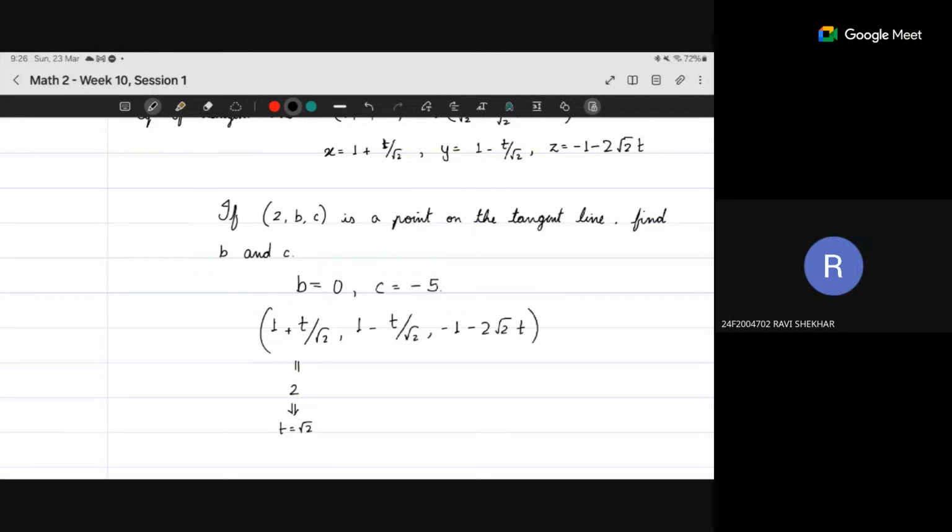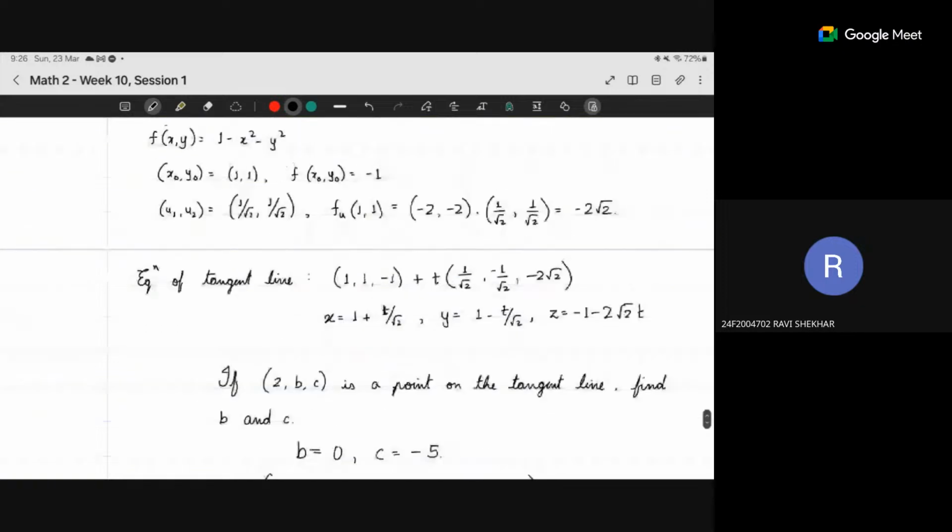Did everyone get it? Basically, the points that you obtain by varying t along the real numbers will give you all points which lie on the tangent line.